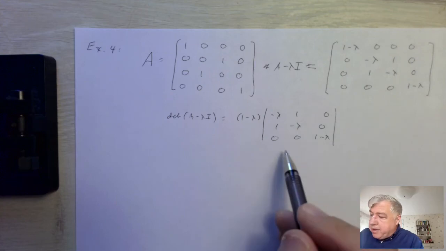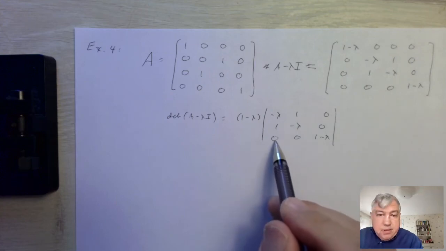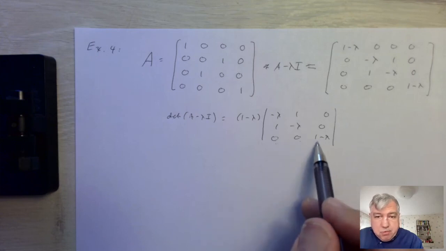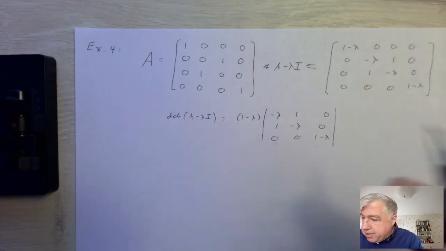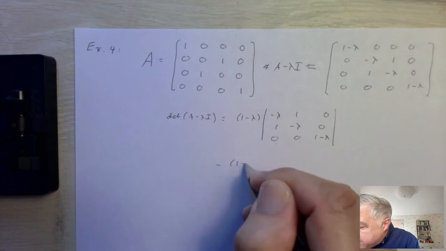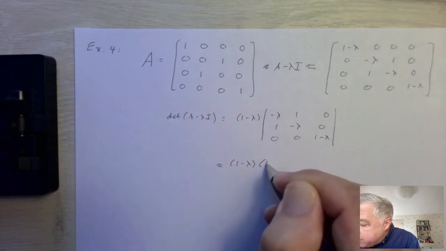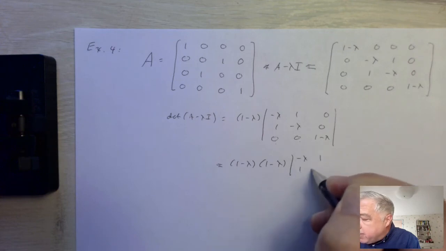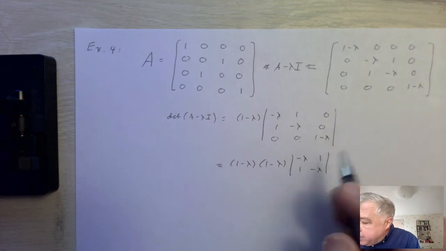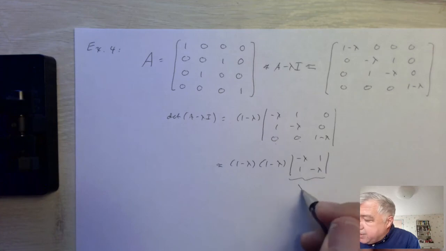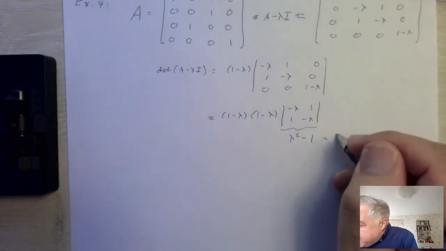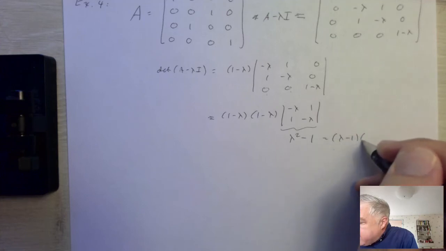Probably the best way to do this is expand along the bottom row, so this will be 1 minus lambda times 1 minus lambda times the determinant of (minus lambda, 1; 1, minus lambda), and we can check this is lambda squared minus 1, which is the same as lambda minus 1 times lambda plus 1.